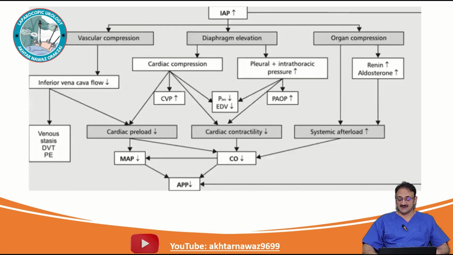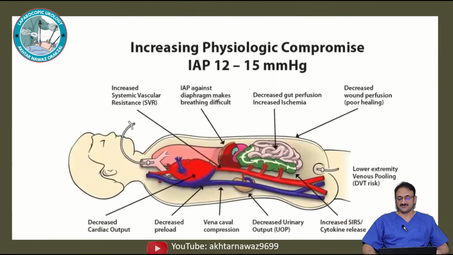So here, this diagram is a beautiful representation of all the physiological compromises in pneumoperitoneum that we have discussed previously on all the slides. You can see there is heart, there is inferior vena cava, there is kidney, liver, spleen, there is gut, small bowel, large bowel, and everything has been shown.